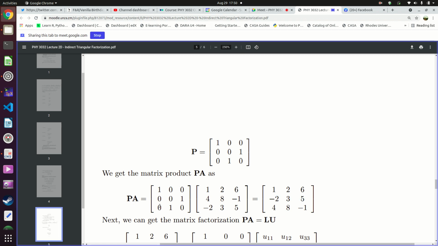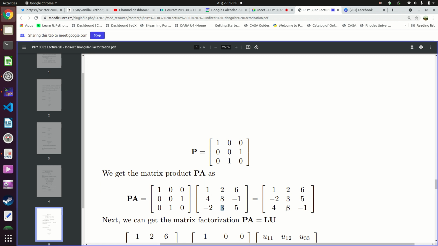Then this last row, 0, 1, 0, times the first column. So 0 times 1 is 0, plus 1 times 4 is 4, plus 0 times minus 2 is 0. So I end up with a 4 here. Then the last row times the second column: 0 times 2, plus 1 times 8, plus 0 times 3.